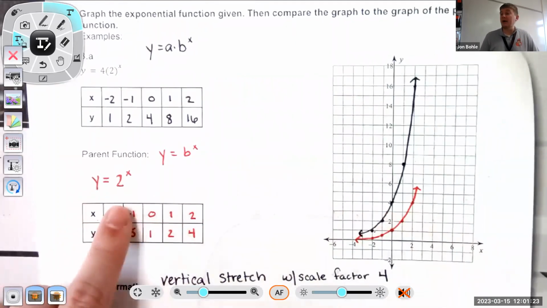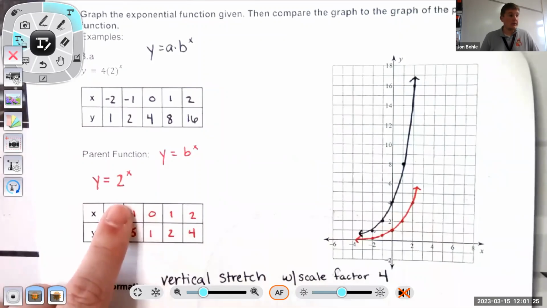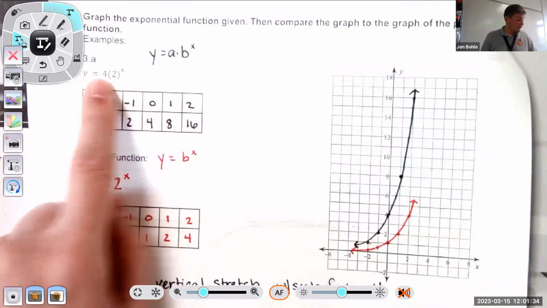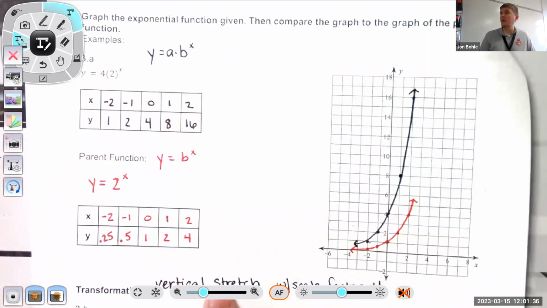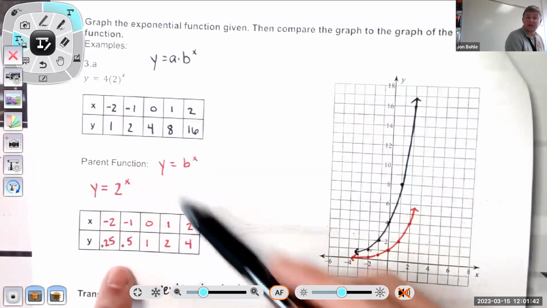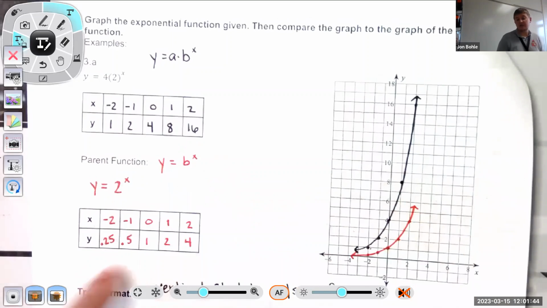Okay, you will not be required to do the graph that's in red. And then 4 points for being able to tell me what the transformation is. Now, if you can look at the A value and say, I know it's a vertical stretch, you already have 4 of your 8 points, and you don't have to do anything. But if you don't know those, then you're going to have to do 2 different graphs just to figure it out.